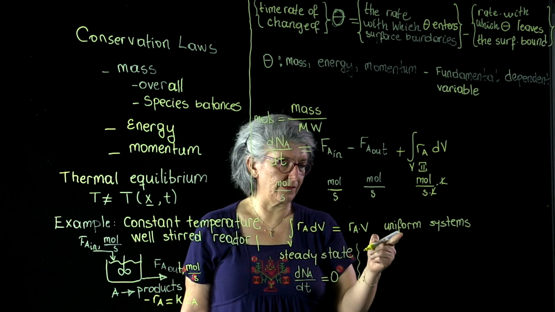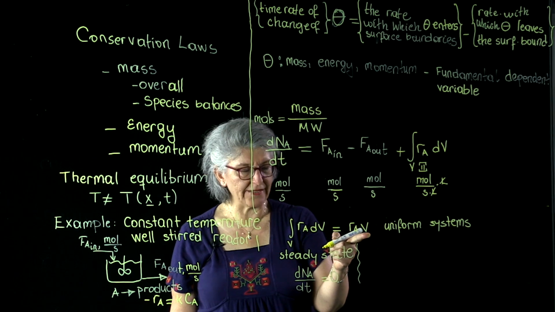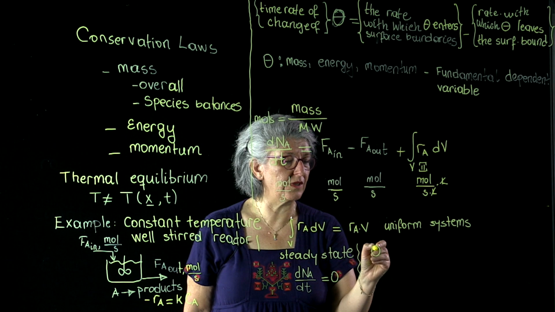For the uniform systems, our rate expression enters as RA times V. dNA over dt is equal to 0.